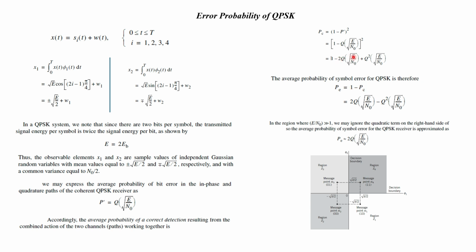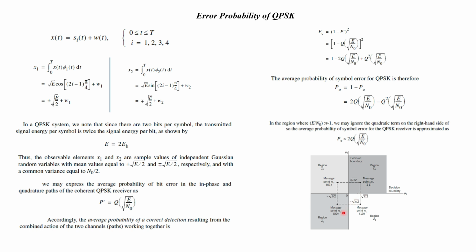When you substitute this Pc expression here, we get the final expression like this. Here E by N naught, that is energy by noise, is always much greater than 1. Therefore, we can ignore the second term, that is this one. Hence, the average probability of symbol error for the QPSK receiver is approximately equal to twice the Q function here.